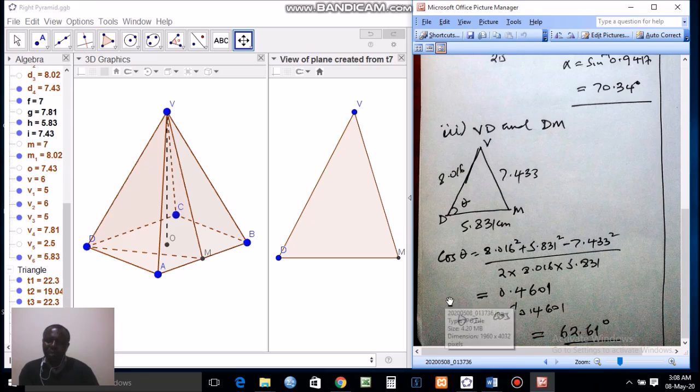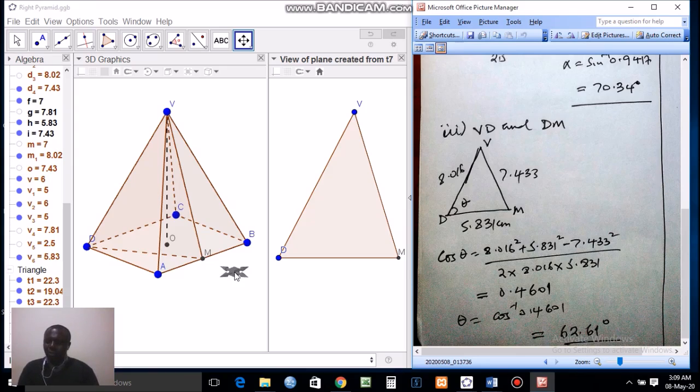And so cos theta, if you evaluate this using our calculator, we get 0.4601, and our theta is the cosine inverse of 0.4601, and that gives us 62.61 as the angle between VD and DM.